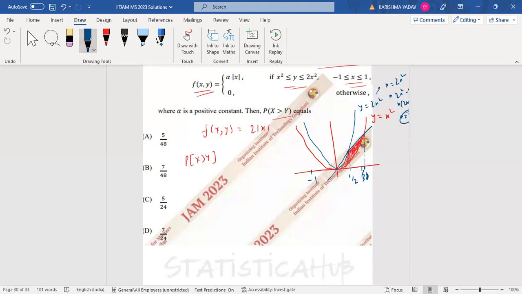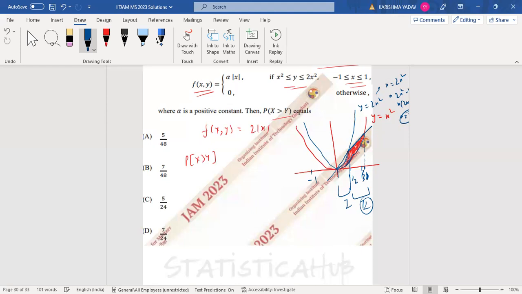Now let me draw the line here so it will be more clear. We can see that there are two regions here. This one is the first region and this one is the second region, because here it is taking the curve, here it is taking the line.